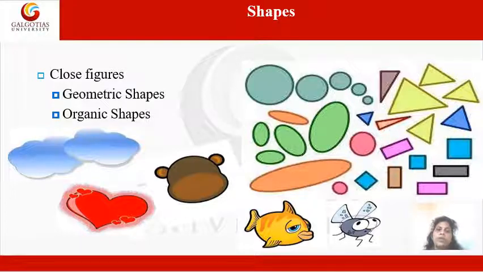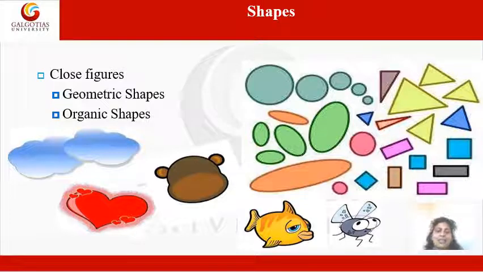So we have here two types of shapes, geometric shapes and organic shapes. These are the geometric shapes, and these are the ones where we have a fish. We can call it a cap, we can call it the back of a small animal. This we call a heart shape.